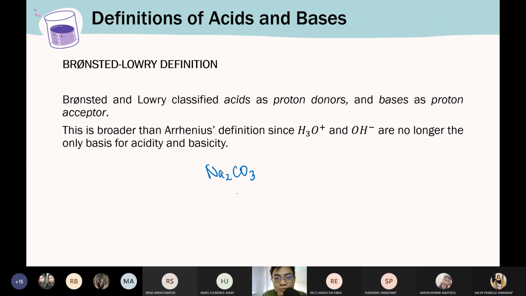Pero when you submerge it in your pH paper, pag ginawa nyo to sa bahay, malalaman nyo, basic pala siya. The question is why? It doesn't produce H+. It also doesn't produce OH-. So, weird, right? Parang weird na siya ay basic, pero walang H+, pati OH.